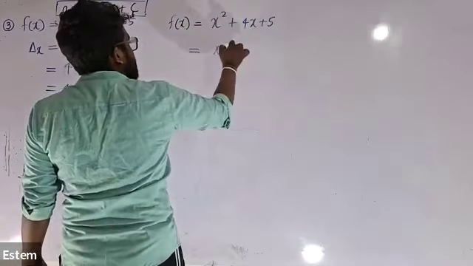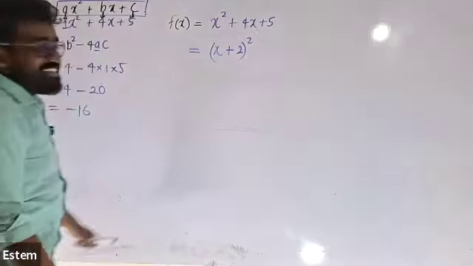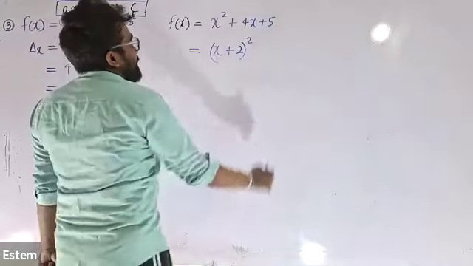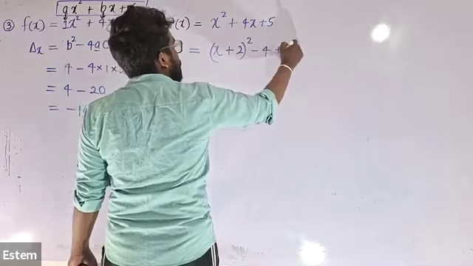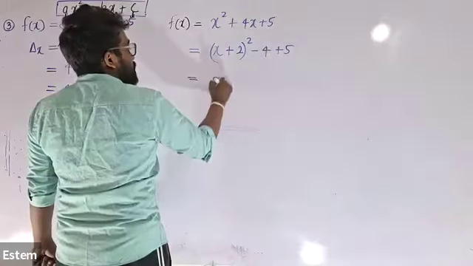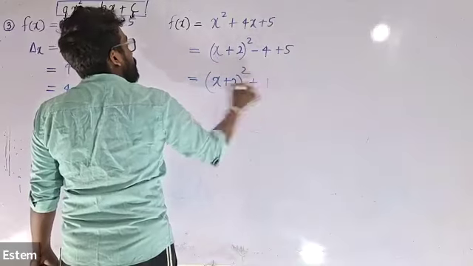Here just put (x plus 2) squared. See, it is very easy, no? And we should minus 4 and plus 5. What happens now? (x plus 2) squared, 5 minus 4 is 1 now.